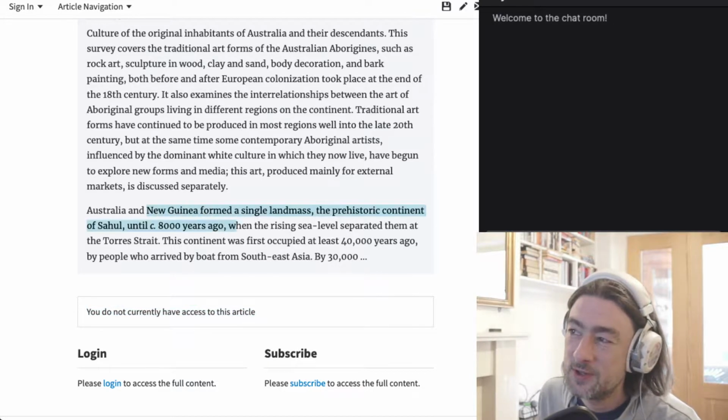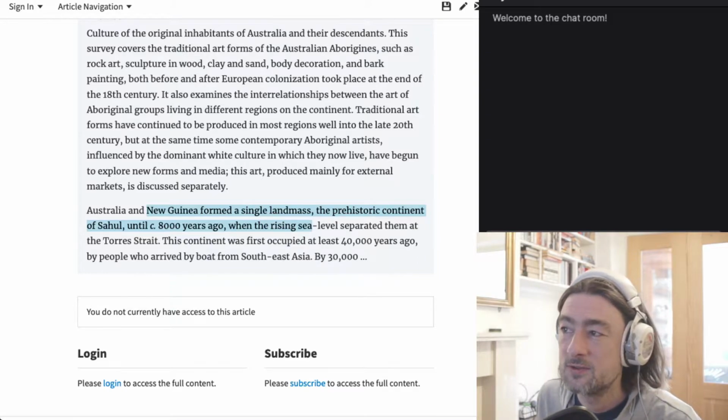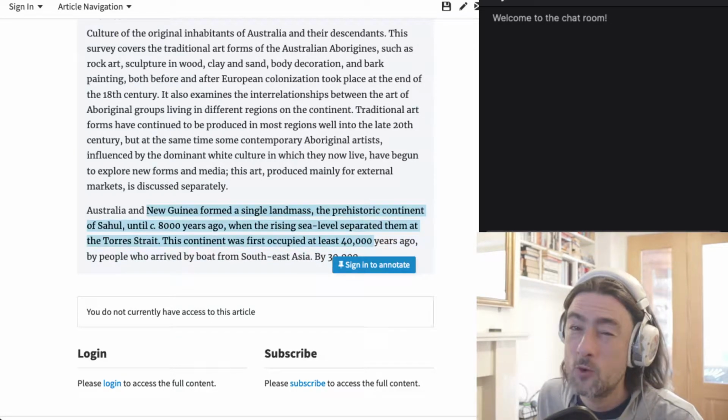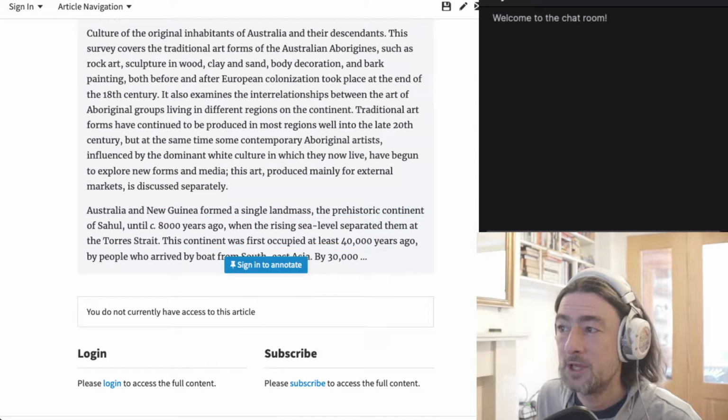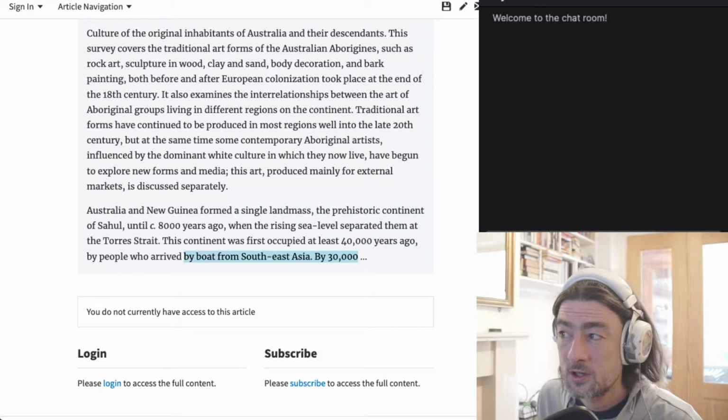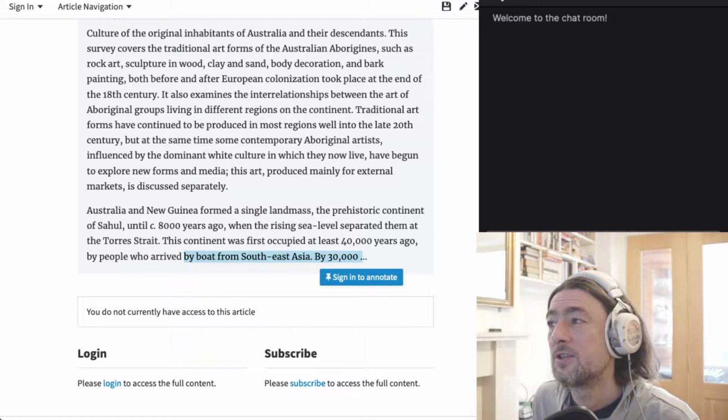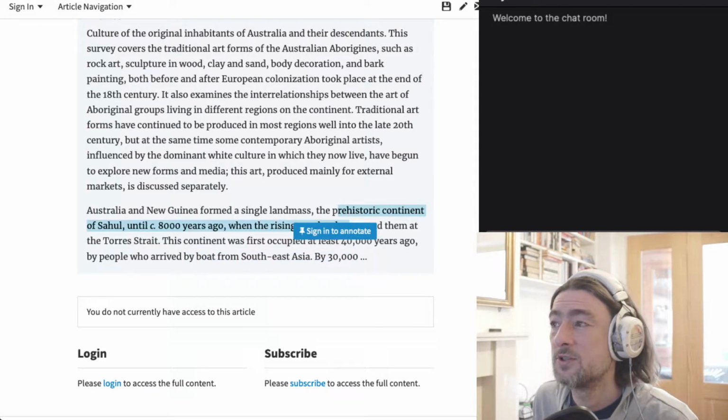But Australia and New Guinea formed a single landmass, and the prehistoric continent of Sahul until 8,000 years ago. The rising sea level separated them at the Torres Strait. This continent was first occupied at least 40,000 years ago by people who arrived by boat from Southeast Asia. So that's these original peoples that are travelling into there.